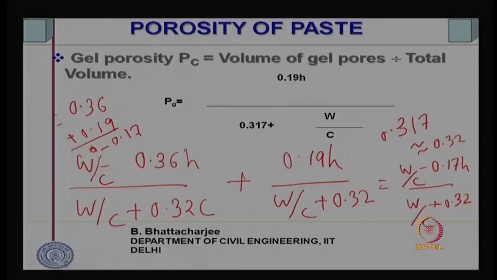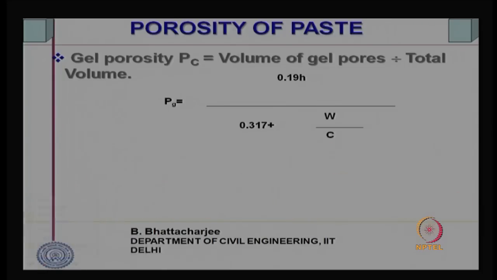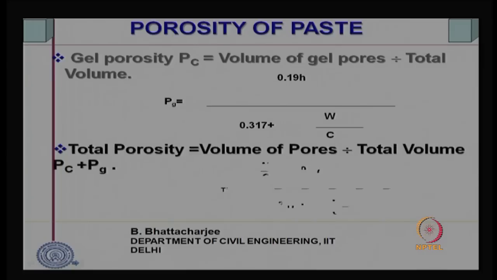So, summing up these two will give me the total porosity as W by C minus 0.17 H divided by this. This is how I can determine the total porosity of cement paste.